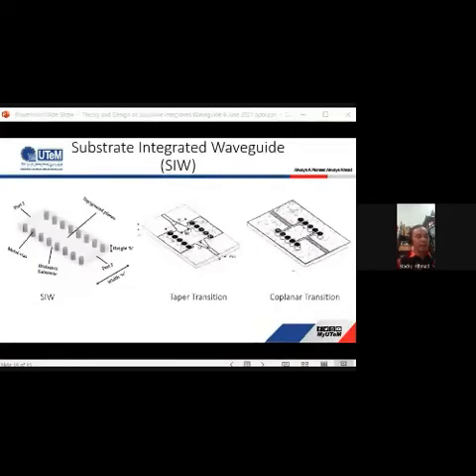The mapping from SIW to conventional rectangular waveguide is almost perfect for single-mode operation, and hence all the theoretical framework is directly applicable to this structure. The transition structure, for example, uses a taper or coplanar waveguide depending on the nature of the application and so on. Okay, next.